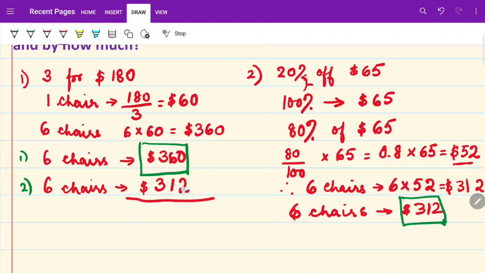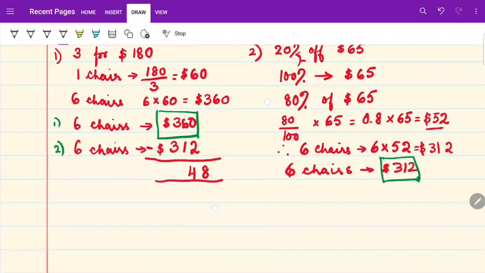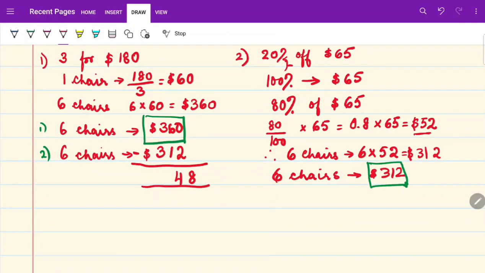So to figure out by how much, you have to subtract the two prices, correct? So it's going to be cheaper by $48, correct?